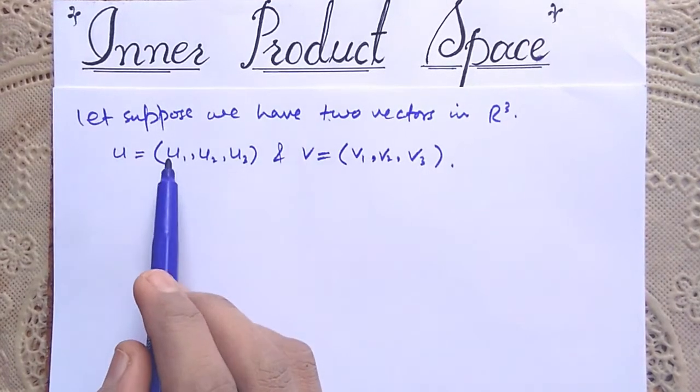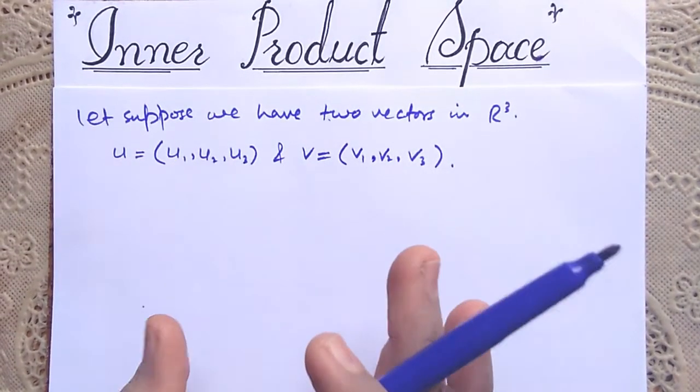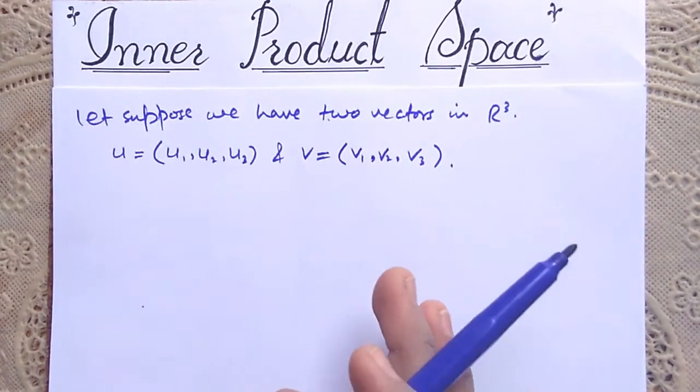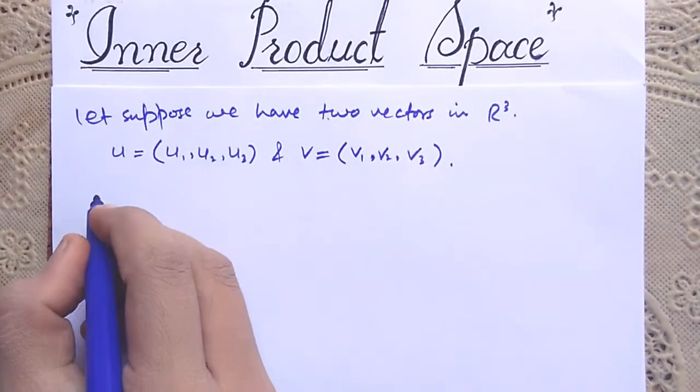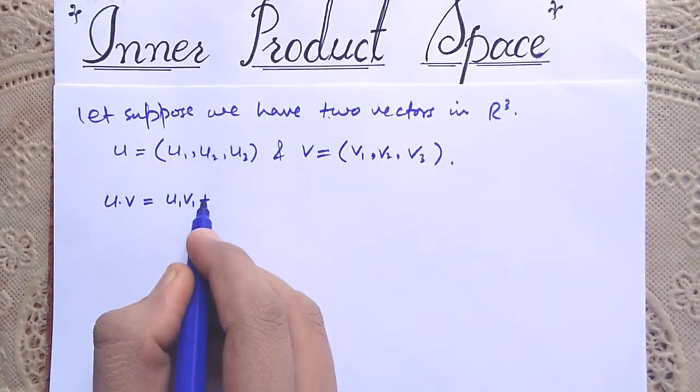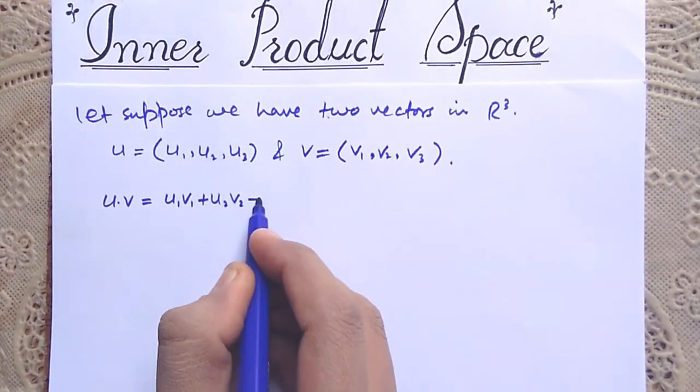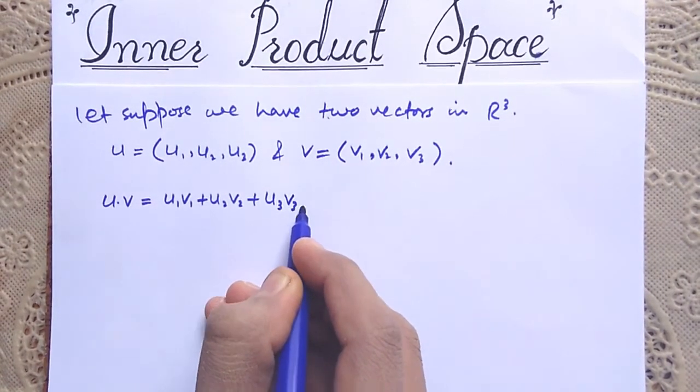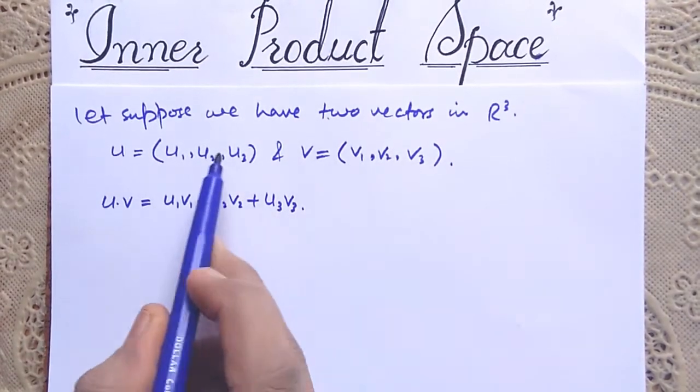Now let me take the dot product of these two vectors. I hope you are well aware of the term dot product. So u dot v will be u1 v1 plus u2 v2 plus u3 v3. It is the dot product of these two vectors u and v.